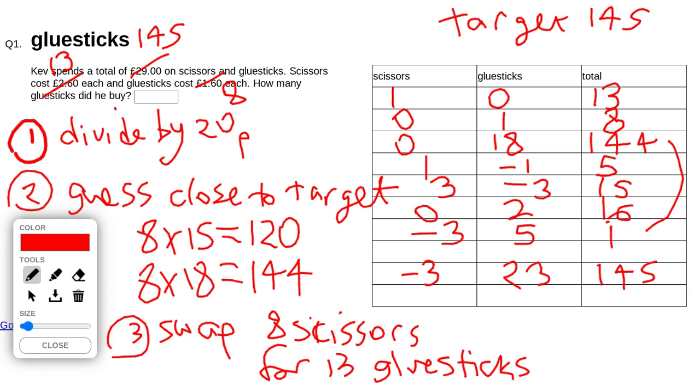So that would mean adding 8 to the scissors, which gets me to 5, and taking 13 from the glue sticks, which gets me to 10. It still adds to 145.